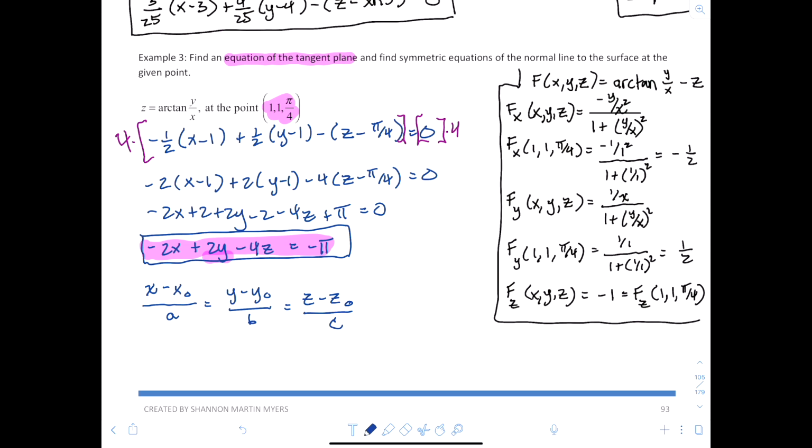So we will have x minus 1 over negative 2 is equal to y minus 1 over 2, which is equal to z minus pi over 4 over negative 4. We're done.